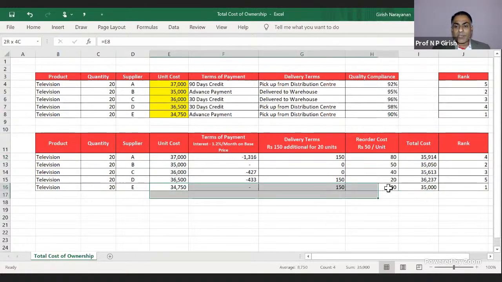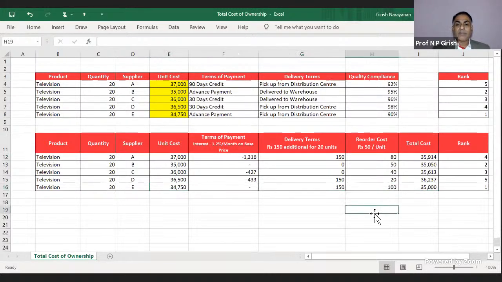Who will we go by based on this? E, right? But is E a conclusive decision?